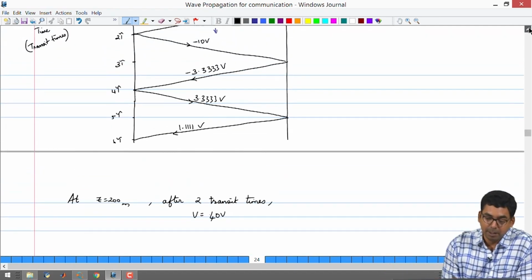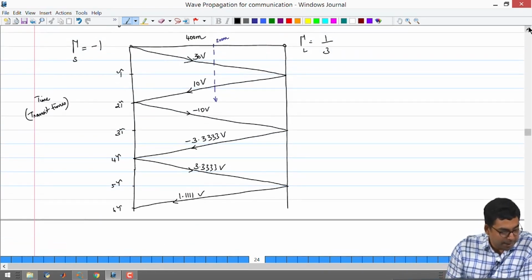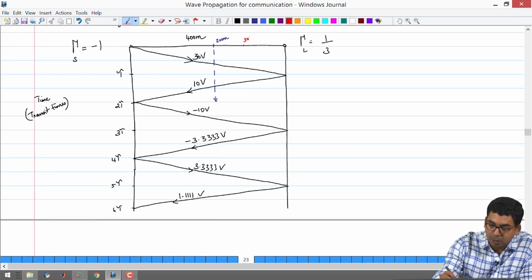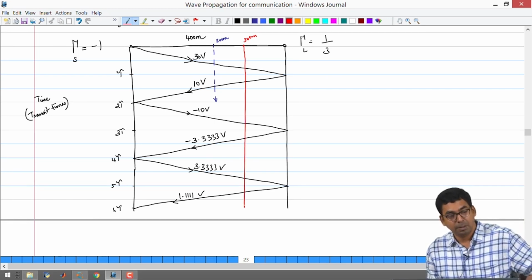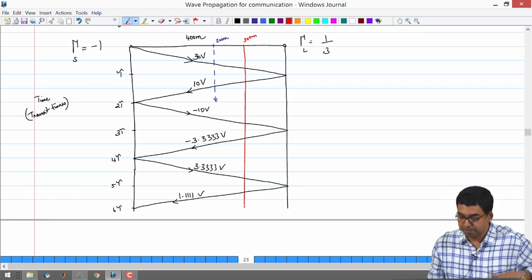Another thing that can be done is, say at a position 300 meters, the question can be asked: how does the voltage evolve from 0 to 6 transit times?